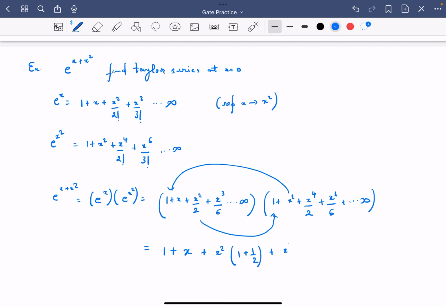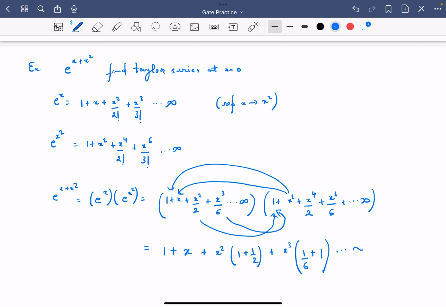Next you write the x cube term. Similarly, the x cube term can be found. So this is x cube into 1, so that's 1 by 6, if you multiply x cube into 1, and plus x square into x, that will be 1.